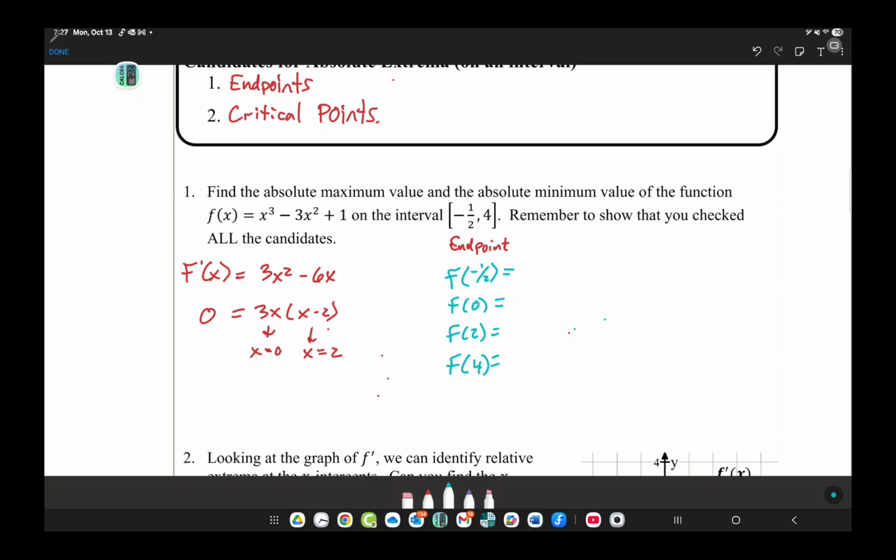So -1/2 cubed is -1/8. -1/2 squared is 1/4, times 3 is 3/4, so minus 3/4, plus 1. If you put that in a calculator, or just know that 1 minus 3/4 is 1/4, and 1/4 minus 1/8 is 1/8.